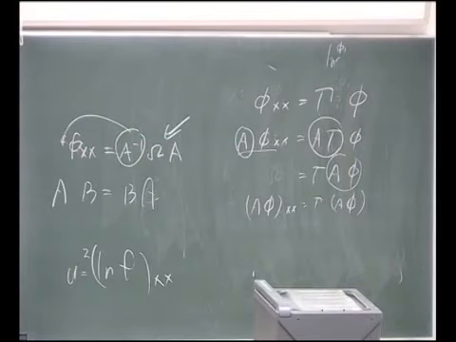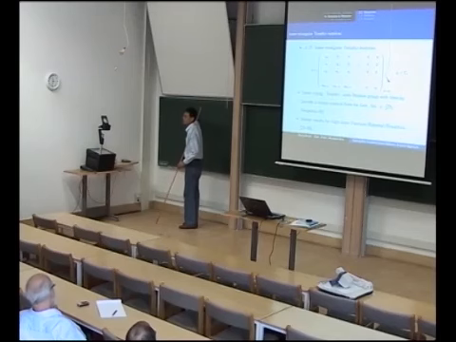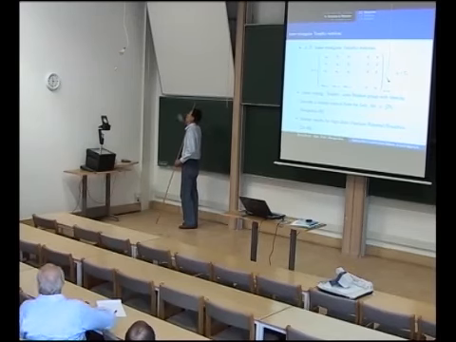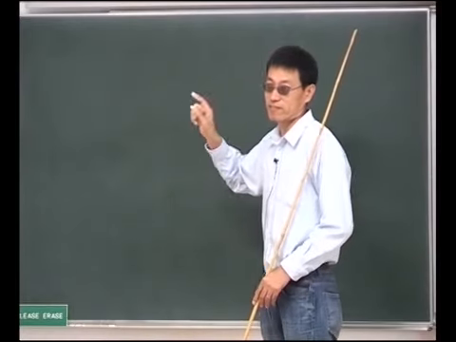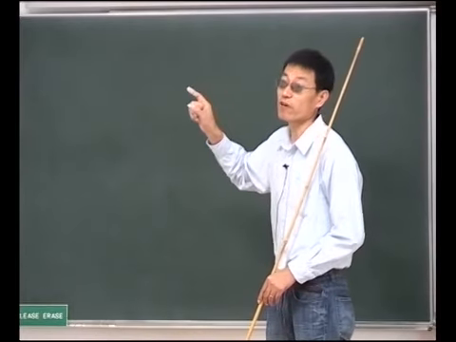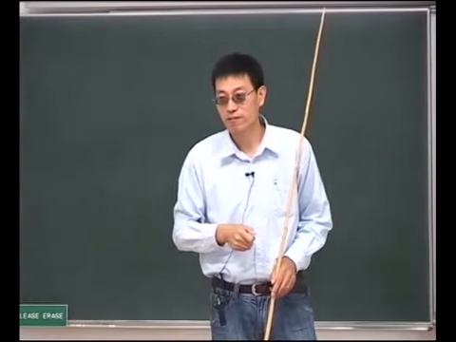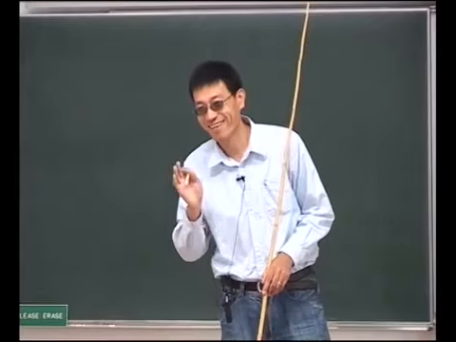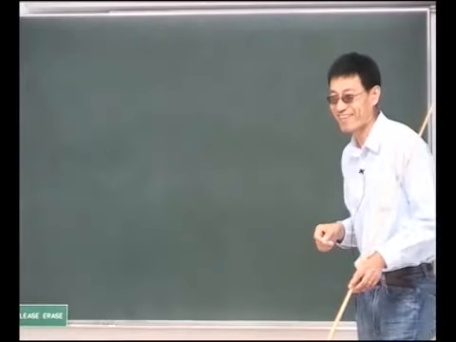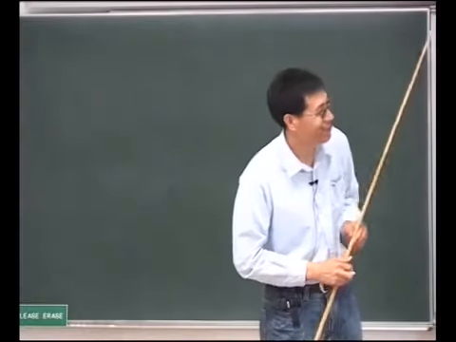I still don't understand. What is semi-abelian? I know what is abelian, what is non-abelian. What is semi-abelian? Okay. In the group, we always hope every element has an inverse.